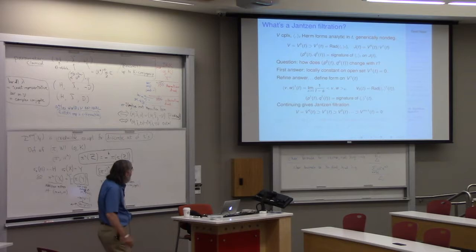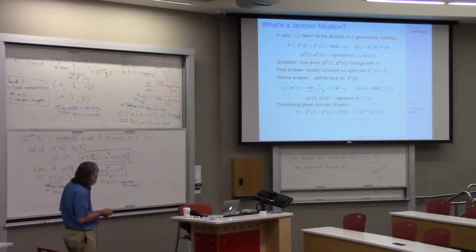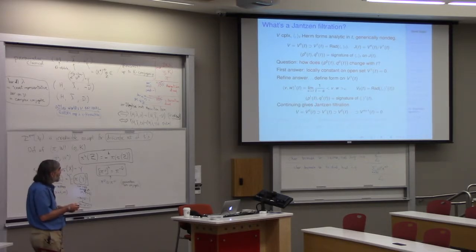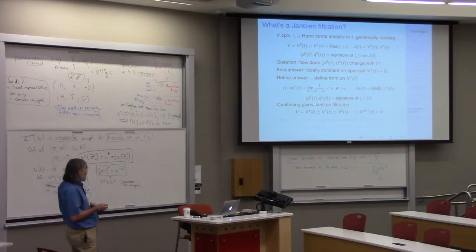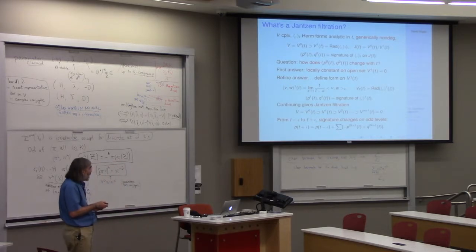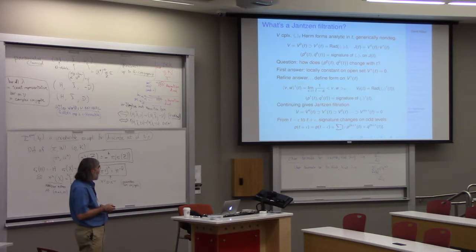And what happens is that on each subquotient of this chain, you get a natural non-degenerate form, this P_i of T, Q_i of T. And the statement is that the signature changes on the odd levels of the form.